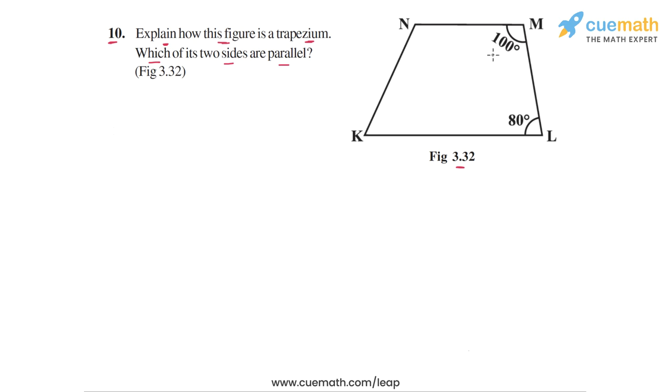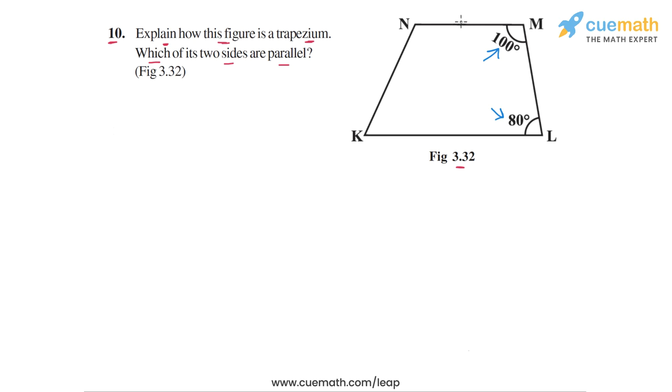So focus on these two angles, the angle at M, which is 100 degrees, and the angle at L, which is 80 degrees. The sum of these two angles is 180 degrees, and these two angles form a pair of interior angles on the same side of ML.